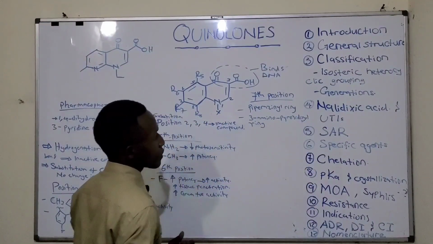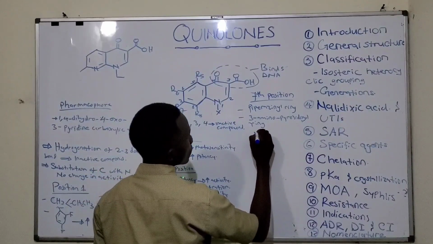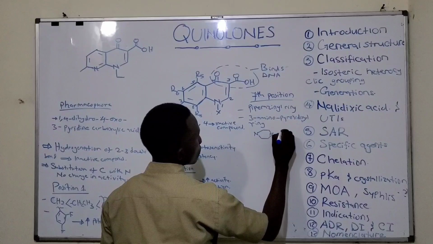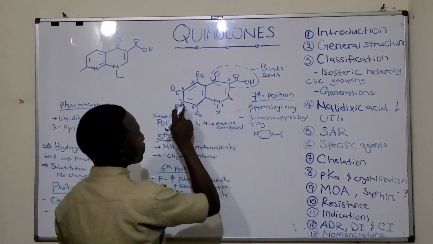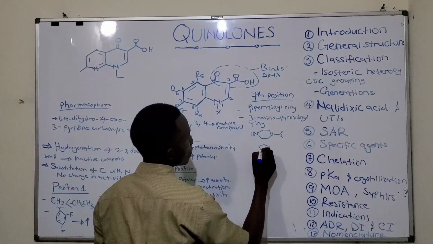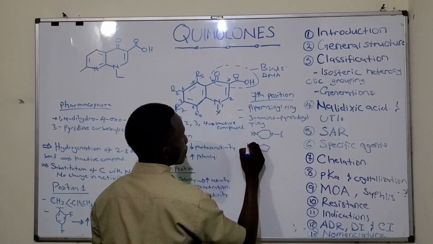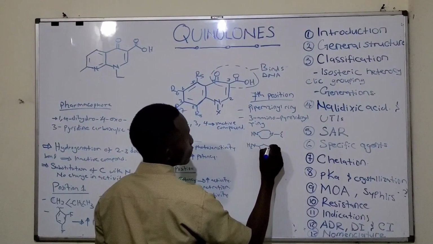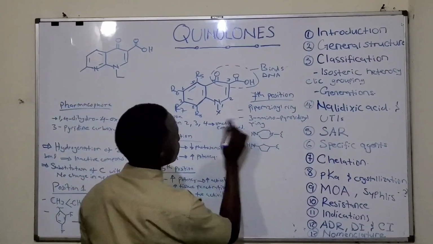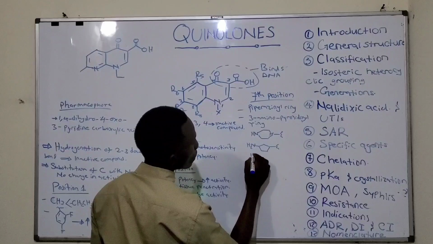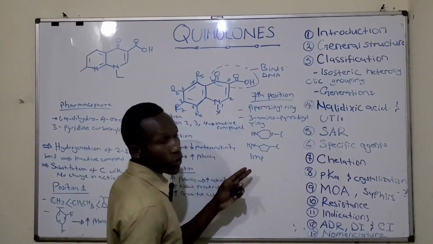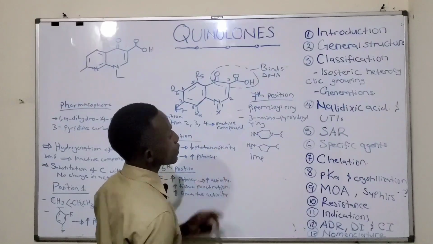These two rings are attached to position 7. These groups lead to improved activity against Pseudomonas aeruginosa, the resistant gram-negative bacteria.